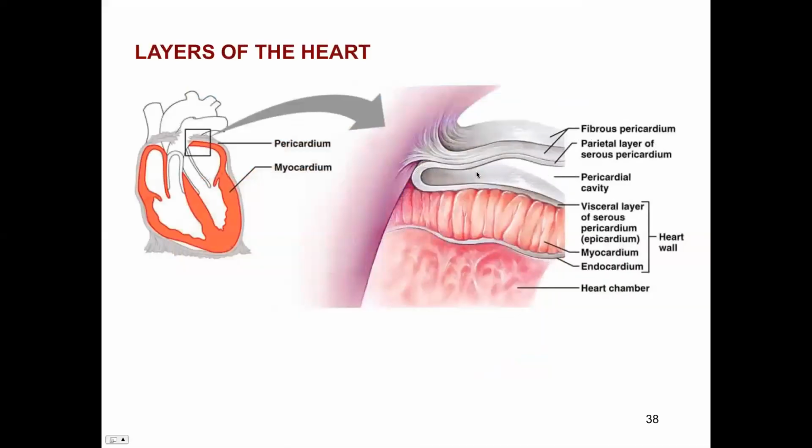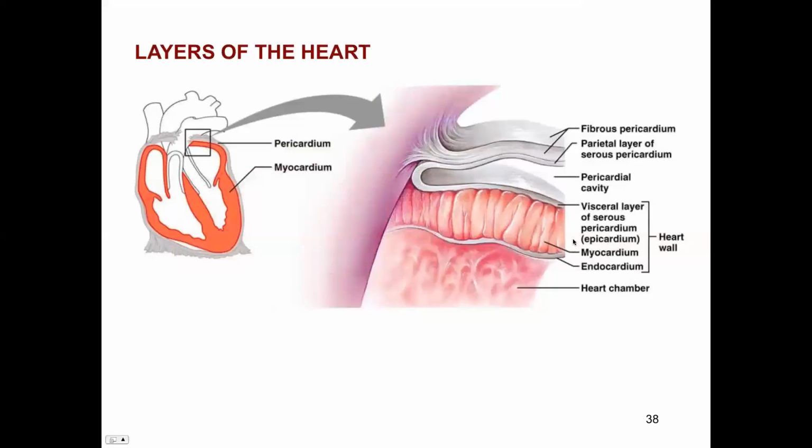And then, of course, we have a fluid between the two layers of the pericardium. So remember, the serous membrane secretes that liquidy fluid or watery fluid. And on the other side, we have the visceral layer of the serous pericardium, all right? Now, that is considered part of the heart wall, the visceral layer. And then we have the middle layer, which is called the myocardium. Remember, every time you see myo or sarco, that means muscle.